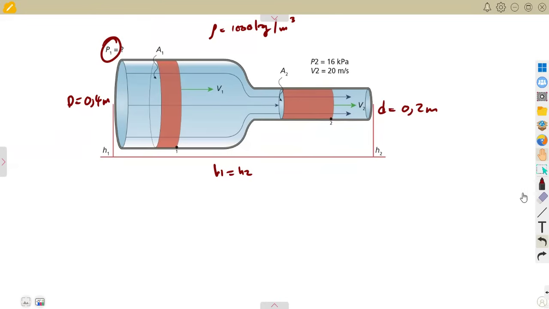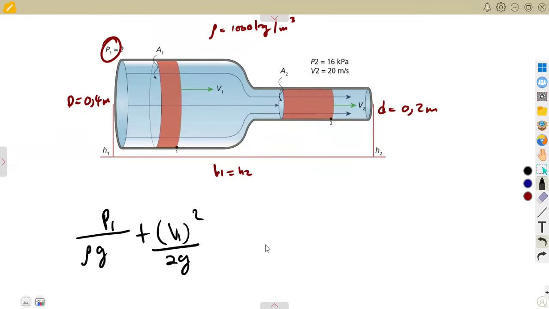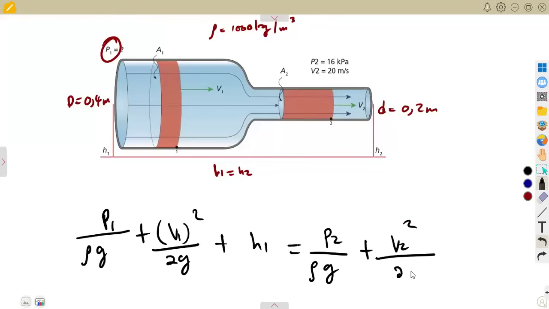From Bernoulli's theorem, P1 over density times gravitational acceleration, plus V1 squared over 2g, plus H1, is equal to P2 over density times gravitational acceleration, plus V2 squared over 2 times gravitational acceleration, plus H2. This is what you're supposed to have in actual sense.